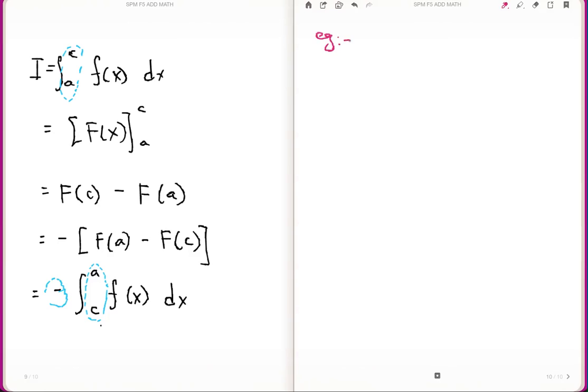Example A. Shaded area, you will find the definite integral from 1 to 2, smaller number, from 1 to 2, of a function maybe x squared minus 2x plus 1, dx.